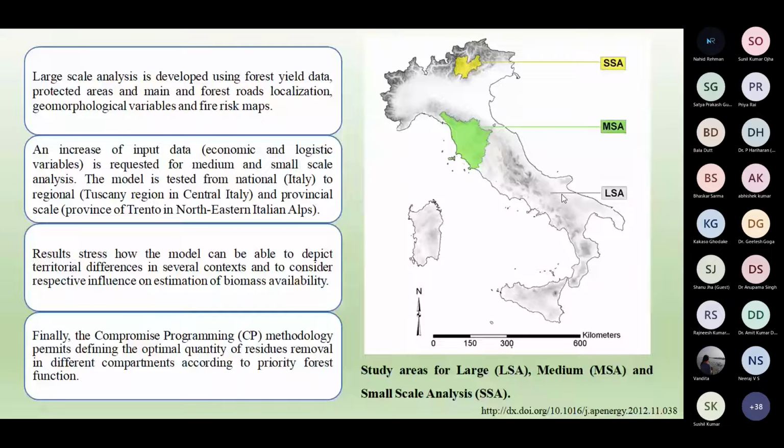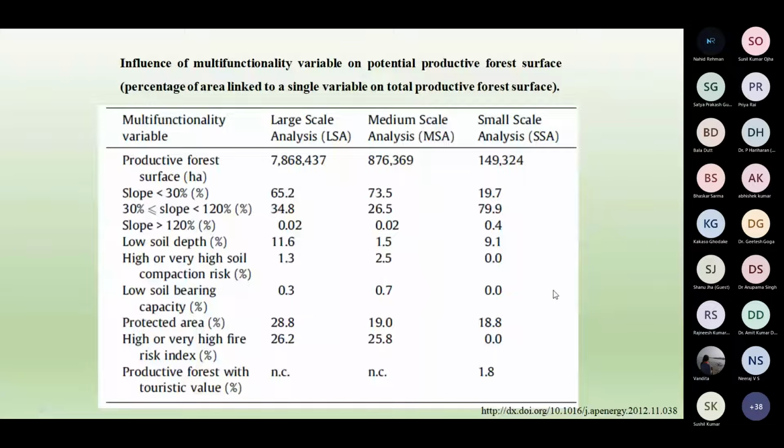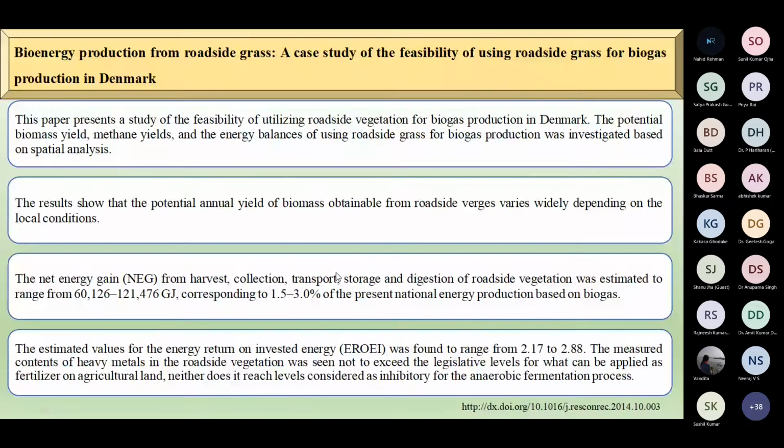Naturally, they then sorted out the different multifunctionality variables as stated here, and then they compared all three studies, the small scale, medium scale, and large scale analysis, and found that this GIS model is successful for analyzing all these aspects.